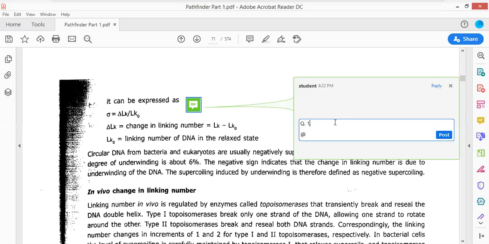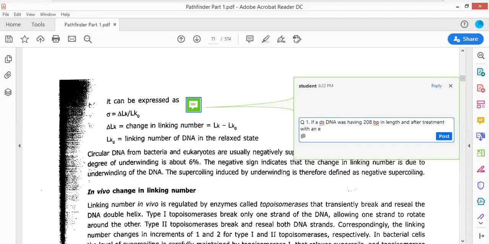Question number 1 states that a DNA having 208 base pairs in length, after treatment with an enzyme, now has a linking number of 18.